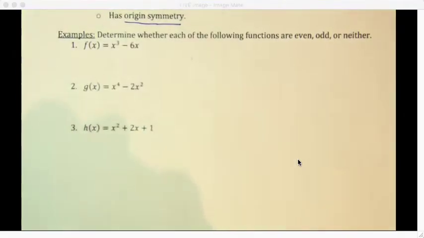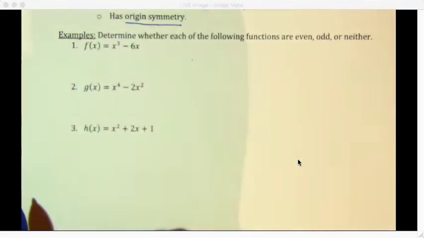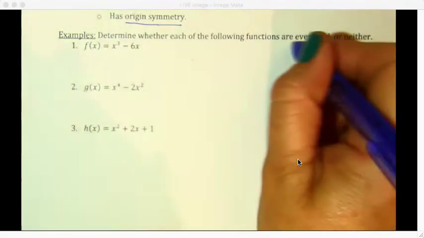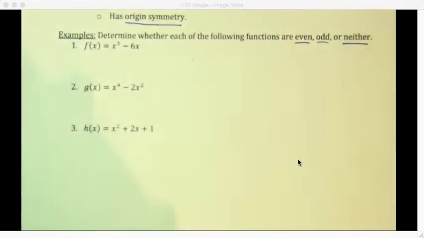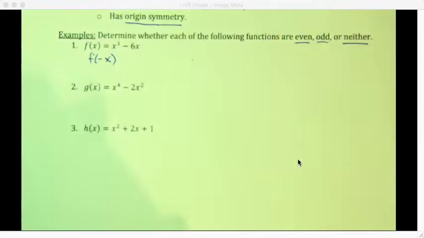So this first example here, we have f of x is equal to x cubed minus 6x. Anytime you are checking for what kind of function it is, if it's even, odd, or neither one of those, that is also an option. You first want to check for if it's even. So first we're going to find f of -x.